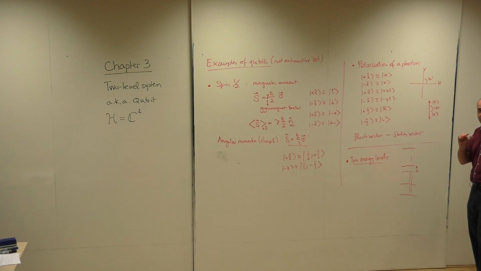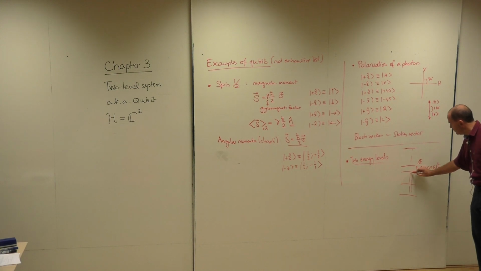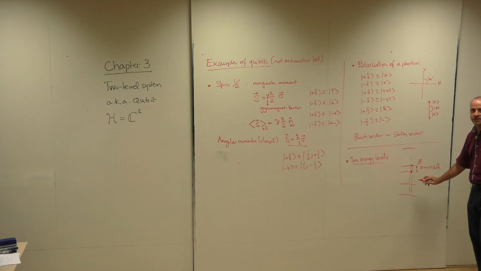Then by addressing the atom with the frequency that corresponds to this gap, you can move the electron from here to here and back, and you never go to the other levels, right?